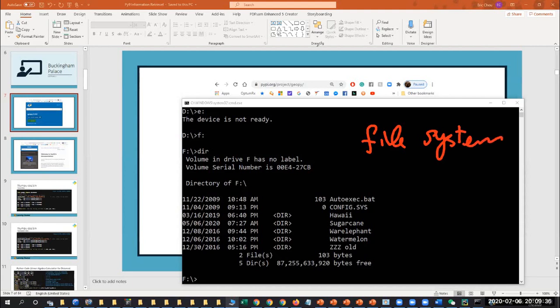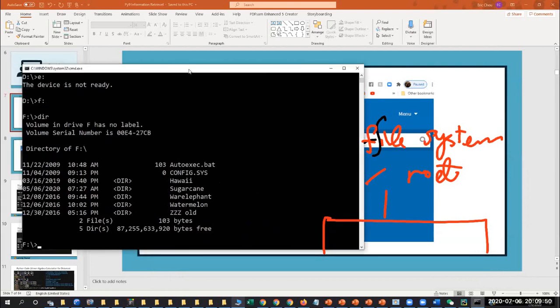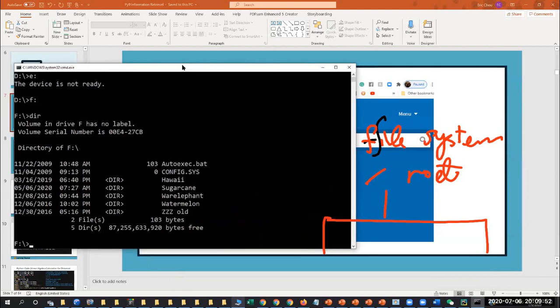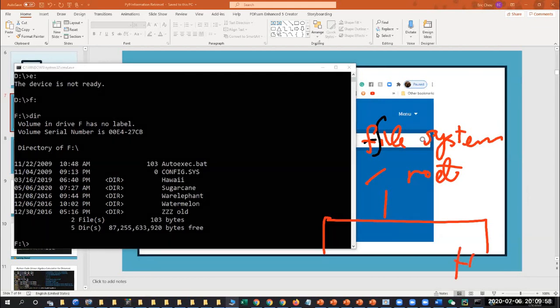Okay, so what is a file system? A file system is that you have a root, root also called slash. Under my F drive here, I have a Hawaii folder, right?